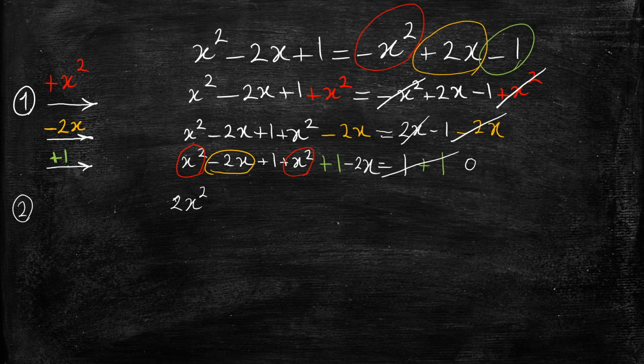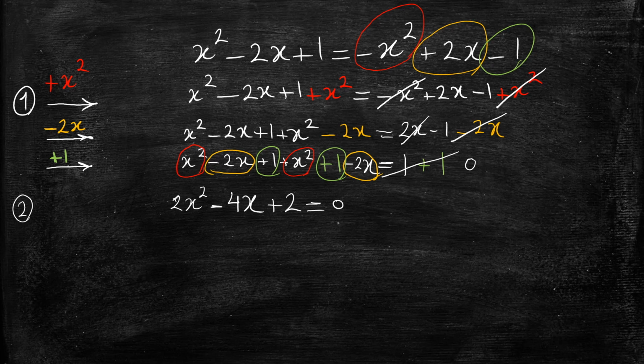So we have -2x and also this -2x. -2x minus 2x, that's like saying -2 minus 2, that's -4x. And then lastly we have numbers, +1, another +1. These are terms of the same nature. So +1 plus 1, that's +2. Nice. So we ended up at this equation.